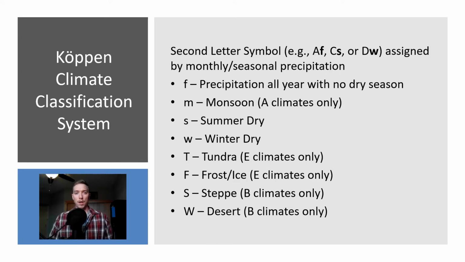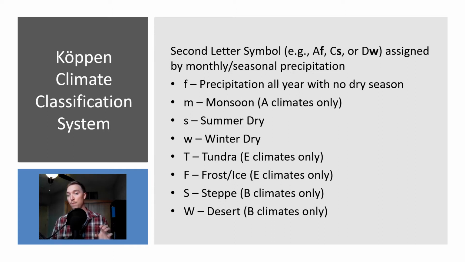So the second letter symbol, so AF, CS, or DW, is assigned by monthly to seasonal precipitation. The F designator suggests that there's precipitation all year with no dry season.